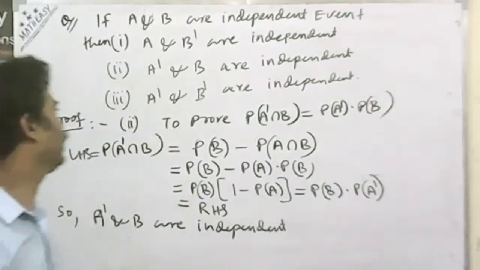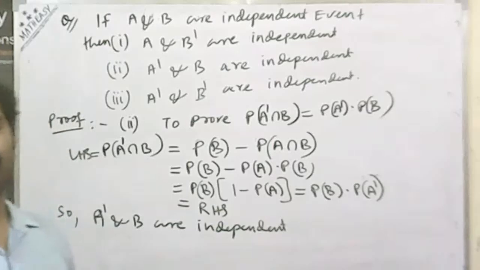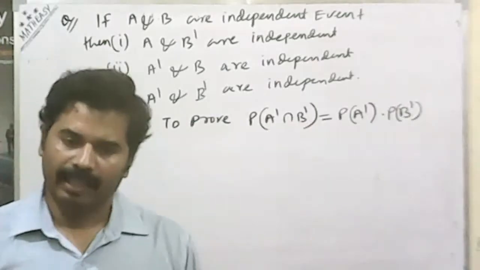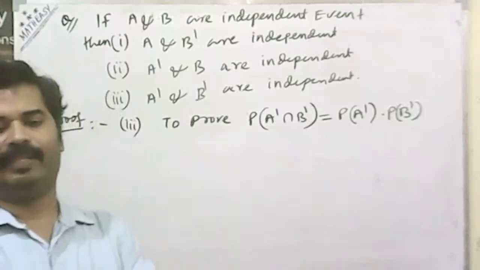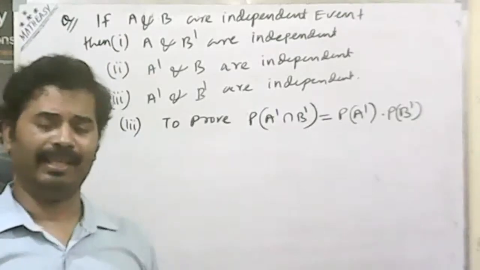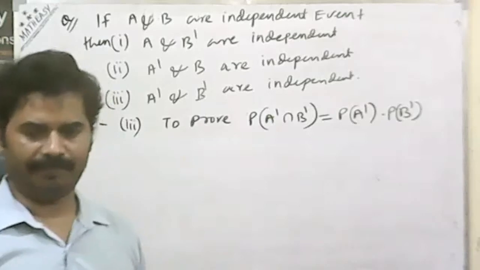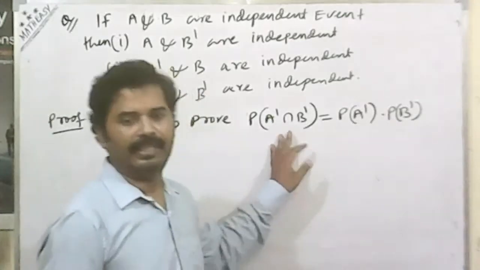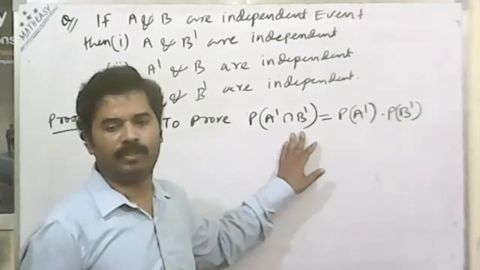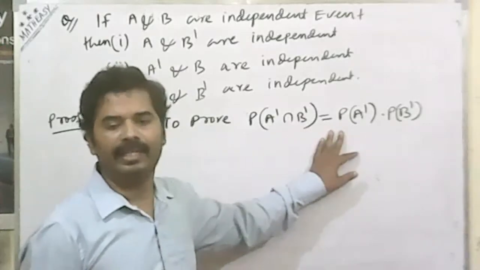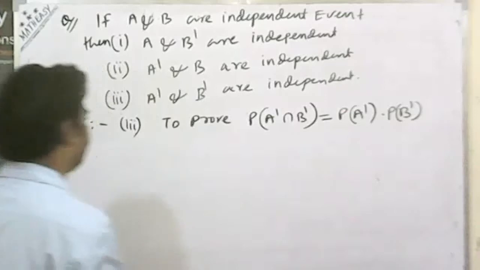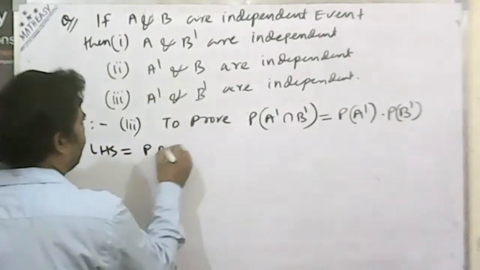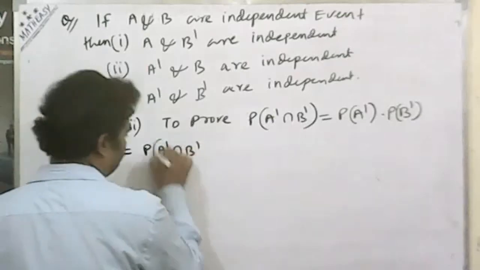Now we have to prove the third concept. The third concept is, given A dash and B dash are independent. That means probability of A dash intersection B dash is equal to probability of A dash into probability of B dash. Now, LHS is equal to probability of A dash intersection B dash.